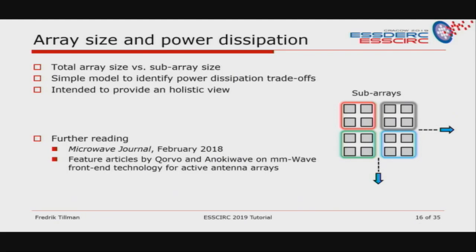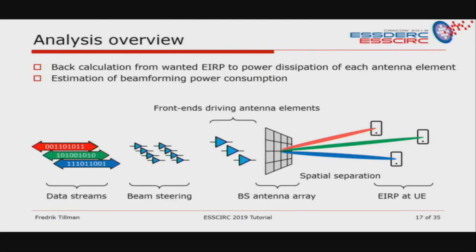So the analysis overview will look like this. We have the data streams coming in. We have a beam steering entity that consists of transceiver circuits. Then we have a front-end aspect where we have the drivers for the antenna elements, dominated by the power amplifiers. We have the array system, the antenna, and that corresponds to the spatial separation.